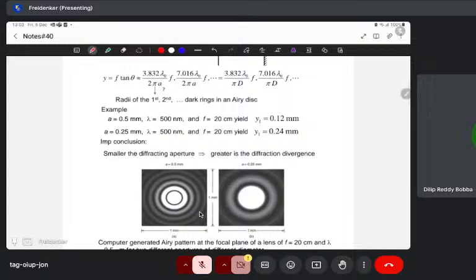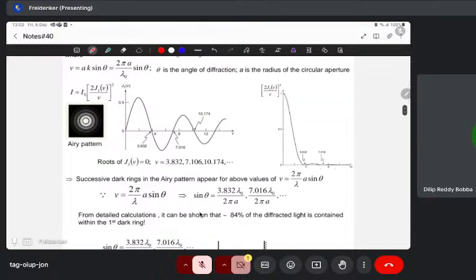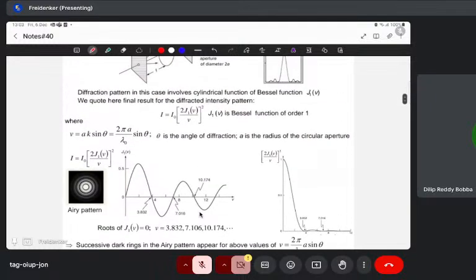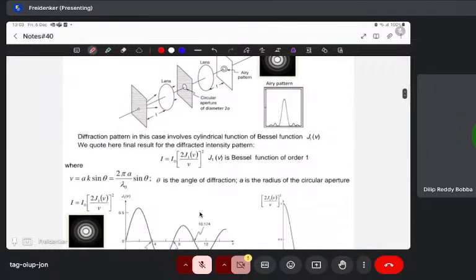So here, what is A? Okay, A is the radius of the aperture.